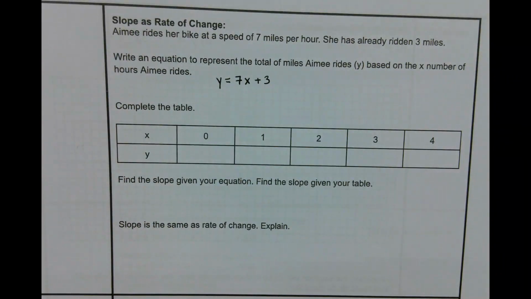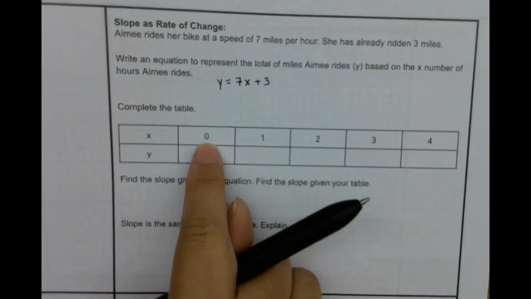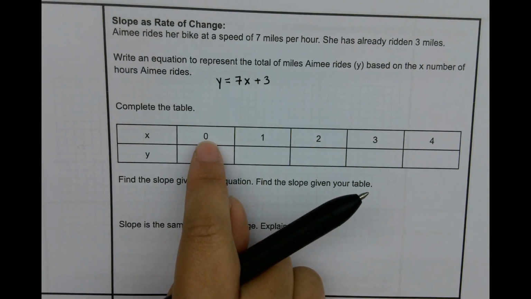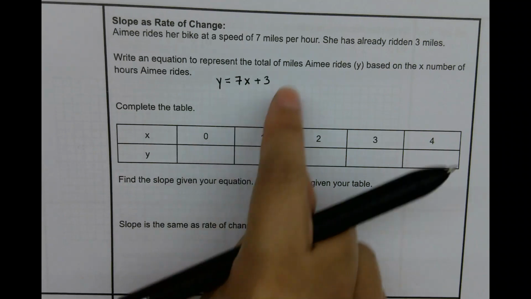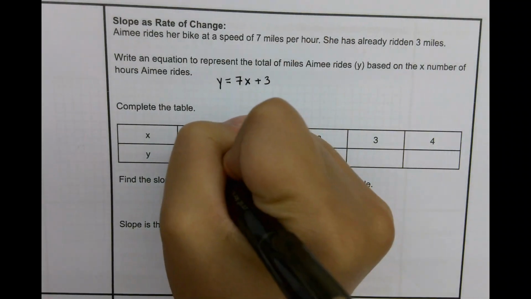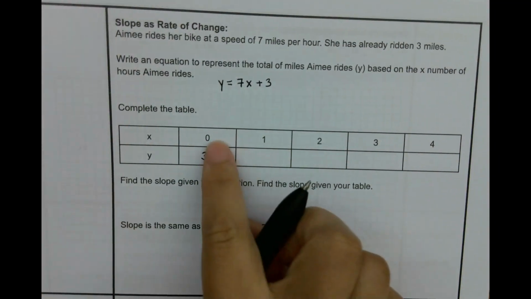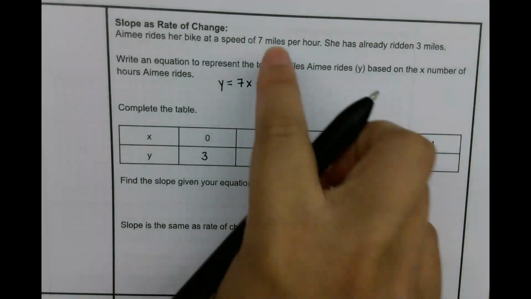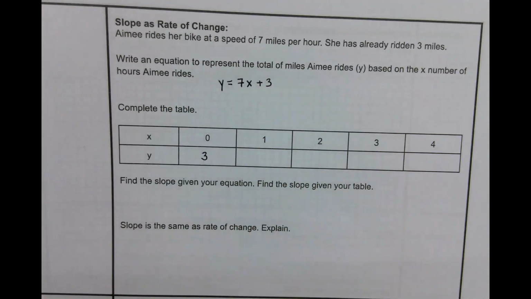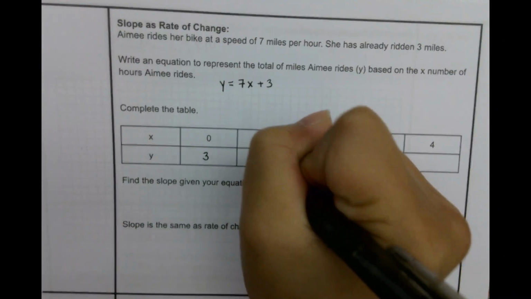Okay? So here, let's complete the table. Right? So in the beginning, if we haven't counted hours or time yet, she has already ridden 3 miles. Right? So there's 3. Okay? 1 hour passes, she rides 7 miles per hour. So after 1 hour passes, she's ridden 7 more miles.